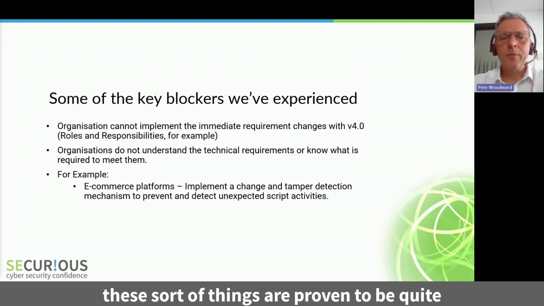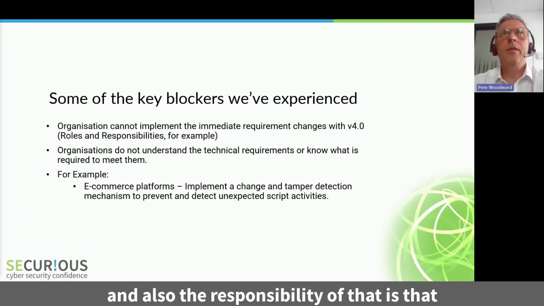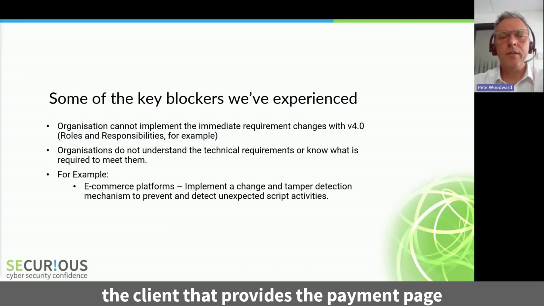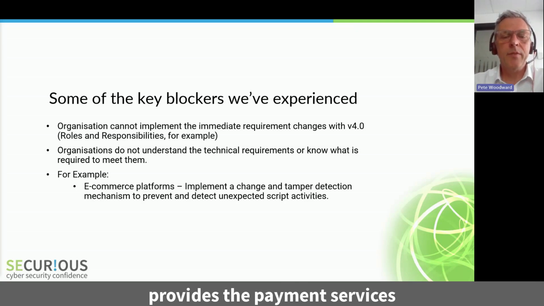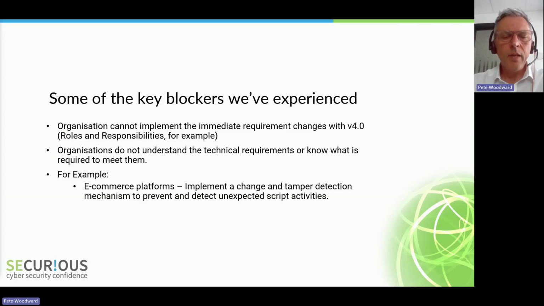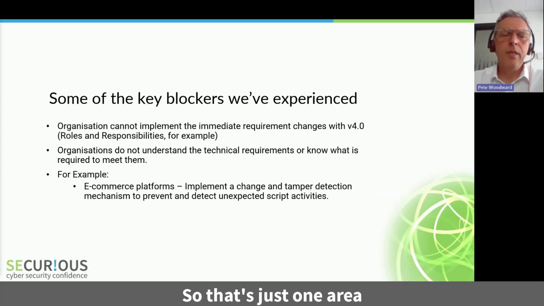These sort of things have proven to be quite a headache for clients, and also the responsibility of that: is it the client that provides the payment page, is it the payment service provider that provides the payment services, is it the web hosting company, is it the website developers? There's a lot of confusion and lack of understanding about who's ultimately responsible for this. So that's just one area.